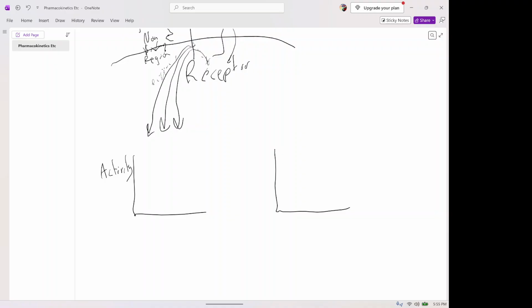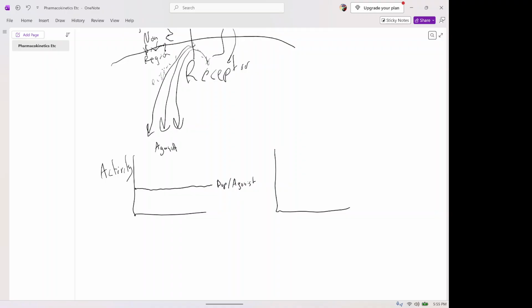But if we have activity on the Y, basically we'd be saying that an agonist would be, let's just say, this is what dopamine would do to the D2, and that's also what a standard agonist would do. And we're just putting that arbitrarily so that we can have a reference point.